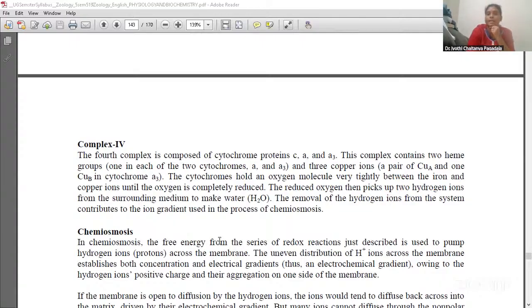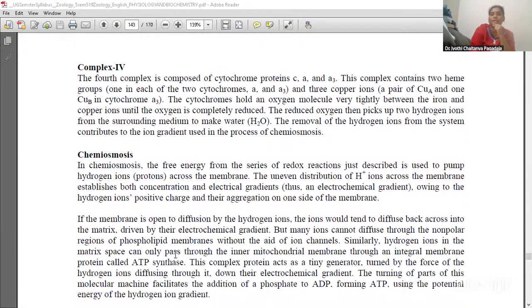Thus, an electrochemical gradient arises owing to the hydrogen ions, their positive charge and their aggregation on one side of the membrane. The ions tend to diffuse back across to the matrix in the presence of this electrochemical gradient.